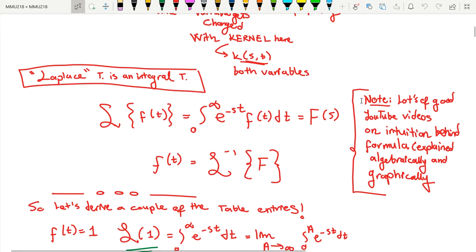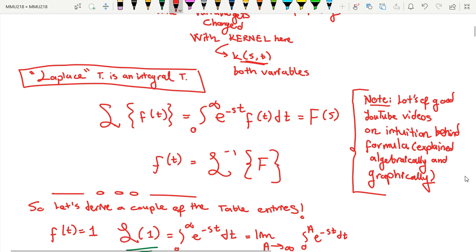And I need to note here that there are lots of good YouTube videos on intuition behind the formula that you see over here, the transformation kernel, and these are all explained nicely, either algebraically or graphically, actually.